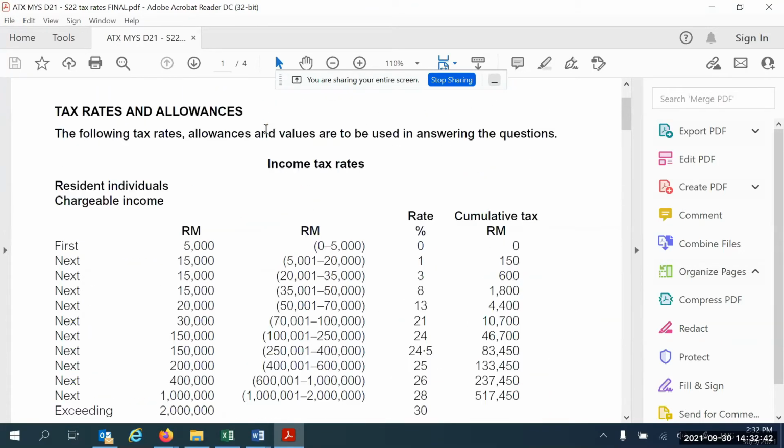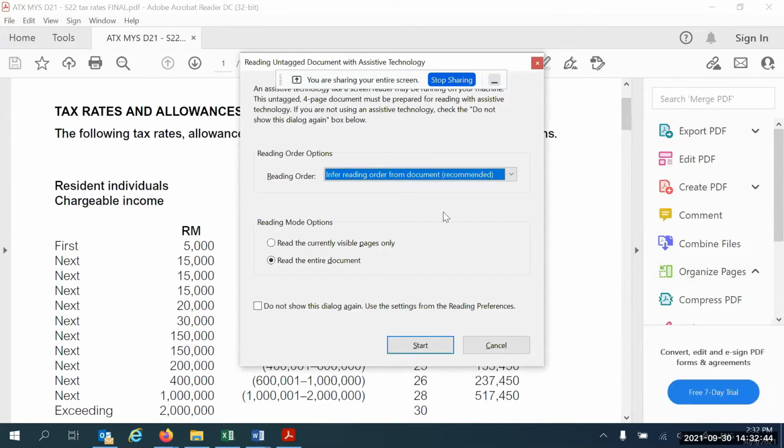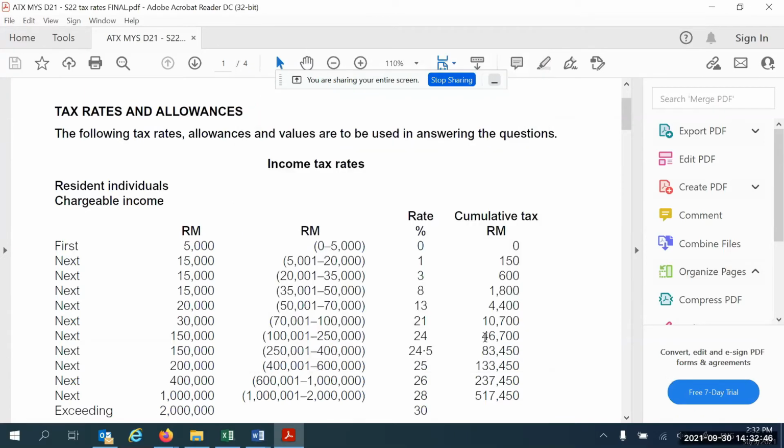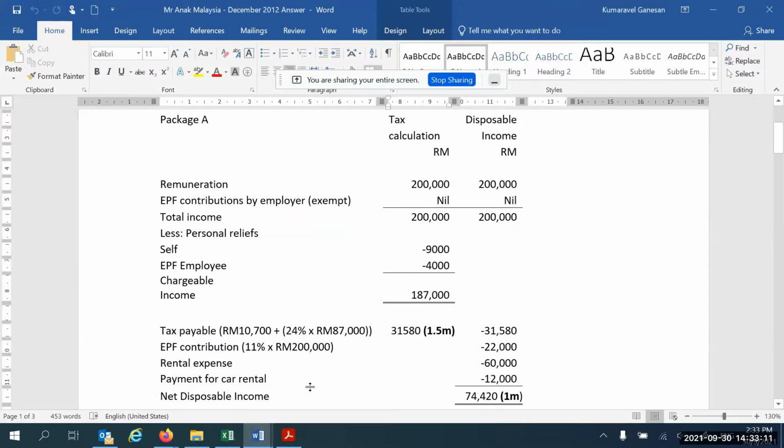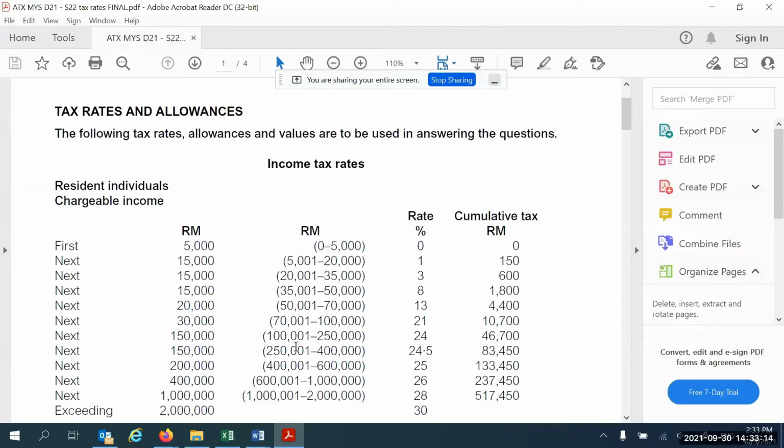This one is already printed out in your EDC for you, for those who collected the hard copy. Those with the soft copy don't have it, but you can download it from the eLearn. Now, definitely you must learn how to count tax, but sometimes for personal tax, no need, because they don't really ask you to count tax. So look at the band, it falls under 187,000.